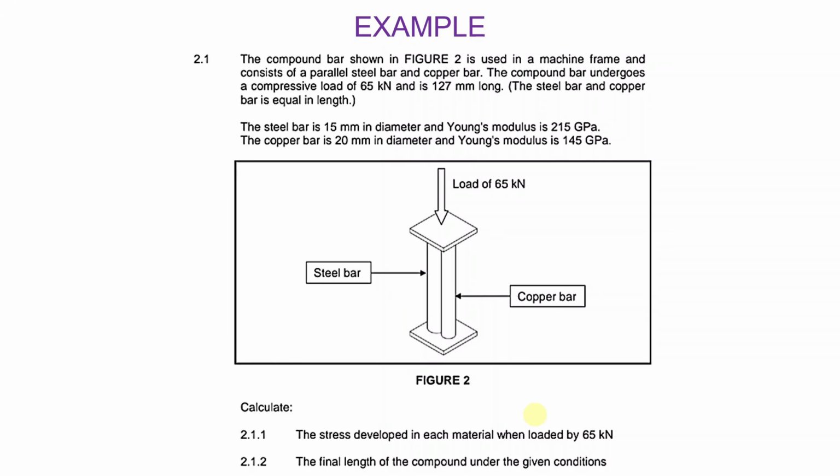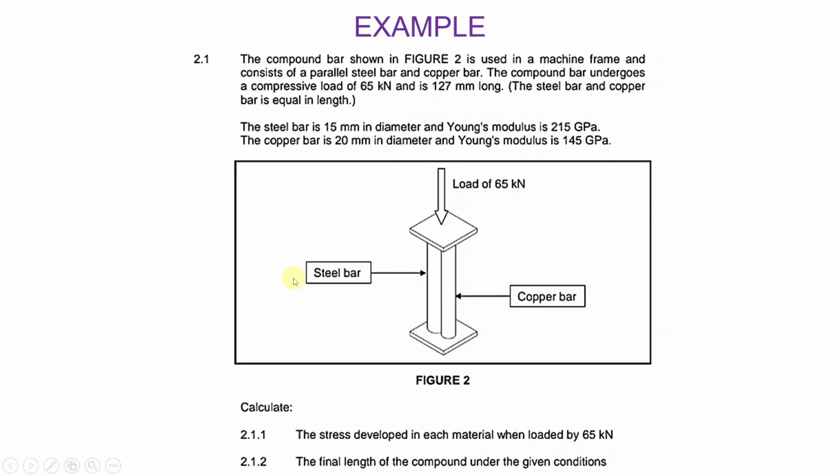The compound bar undergoes a compressive load of 65 kilonewtons and is 127 millimeters long. The steel bar and copper bar are equal in length. The steel bar is on the left and the copper bar is on the right.